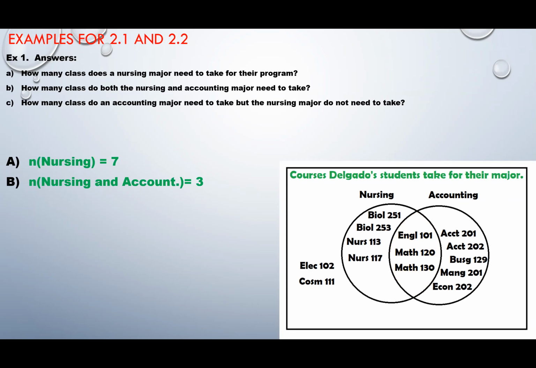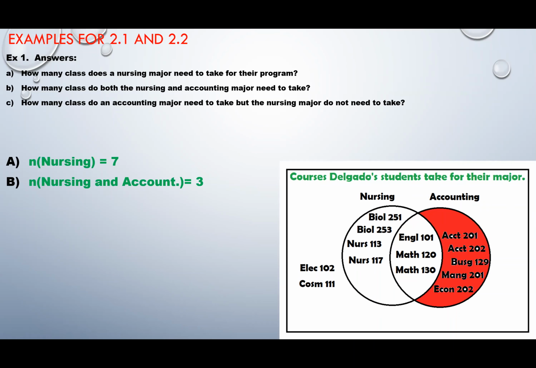how many classes does an accounting major need to take but not the nursing, which is basically inside accounting but not in nursing, right? If you remember, I mentioned accounting intersection nursing prime, the complement of nursing. So what does the accounting major need to take but outside of the nursing major?